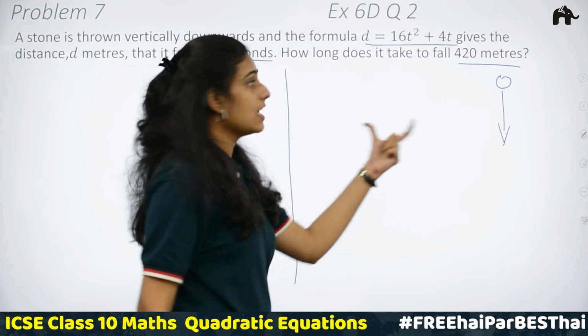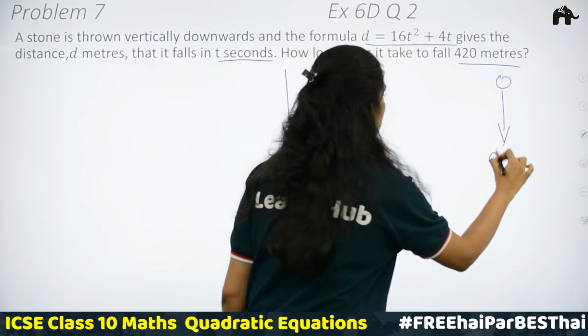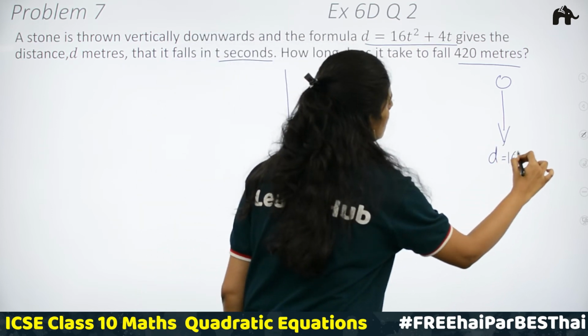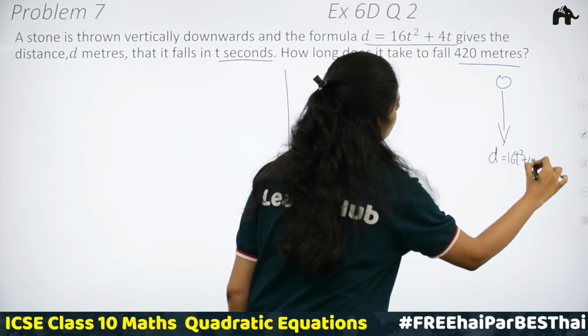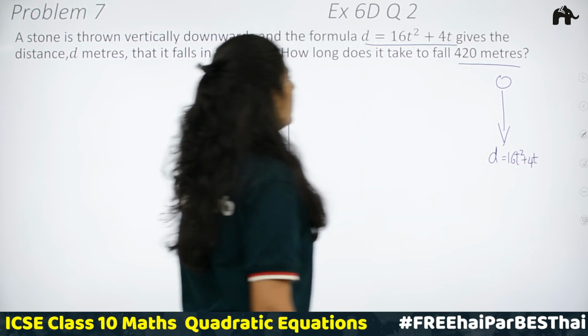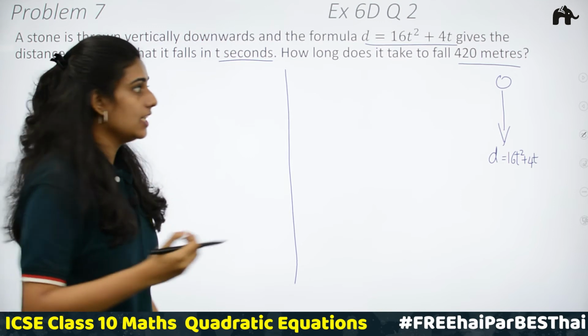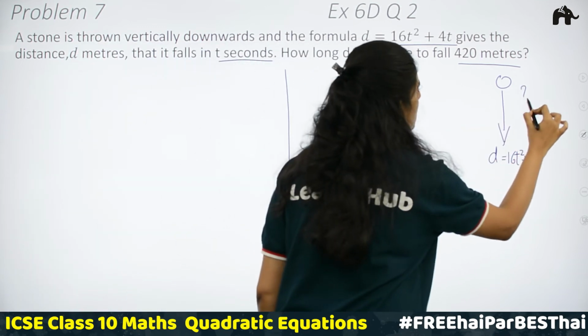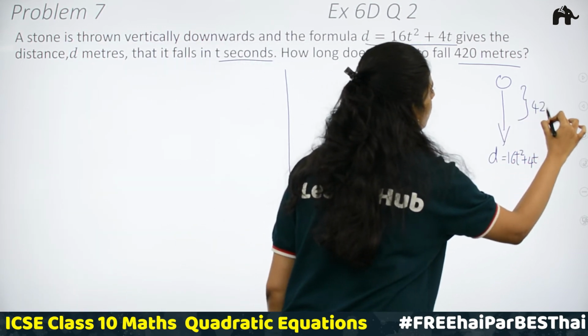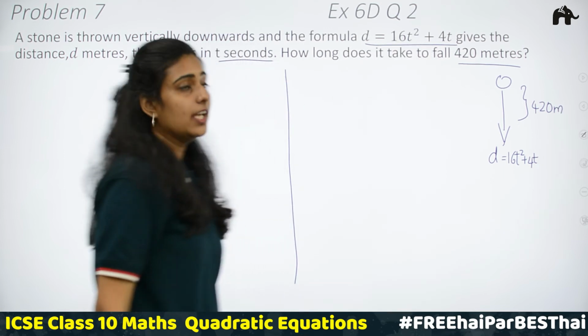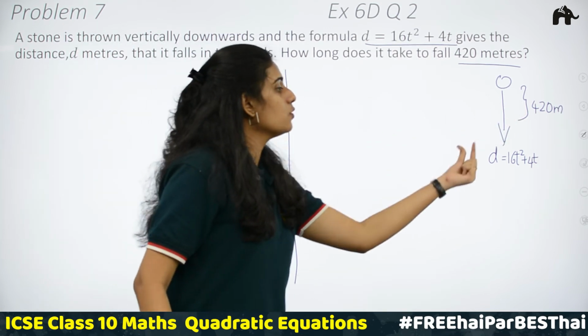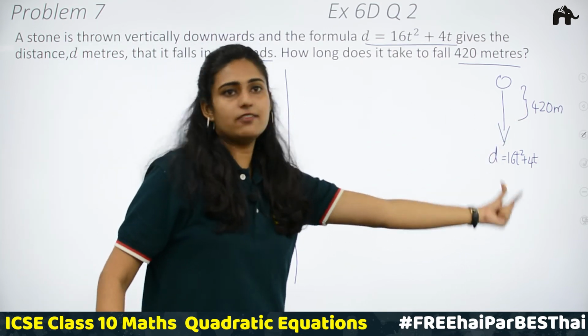The distance travelled is given by a formula d is equal to 16t square plus 4t. We have to find the time t when the stone drops a distance of 420 meters.